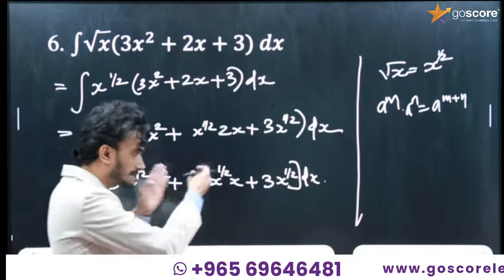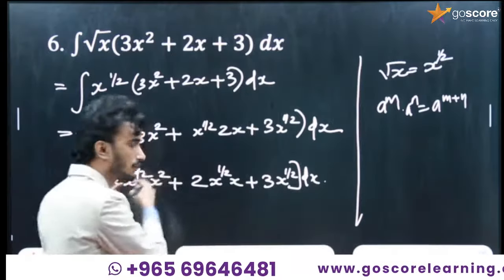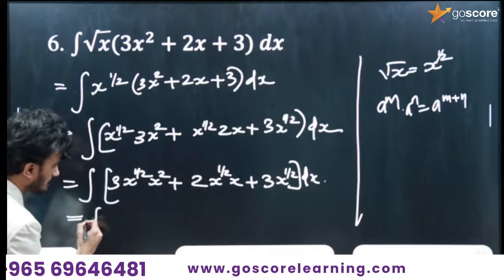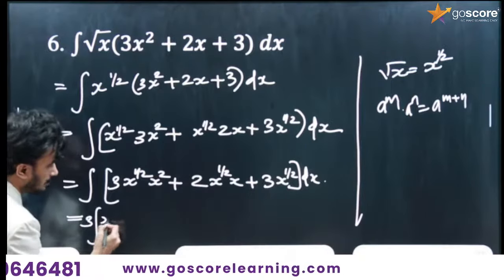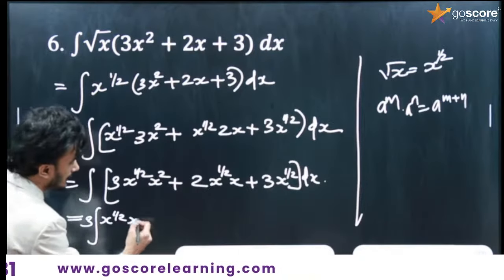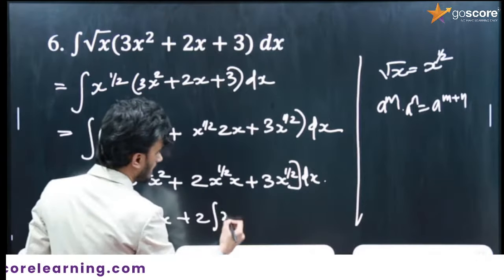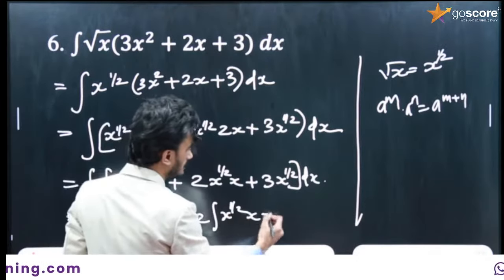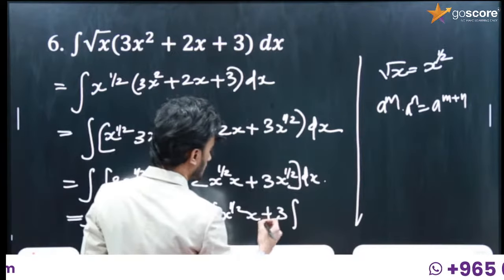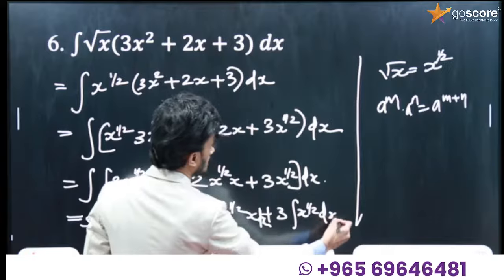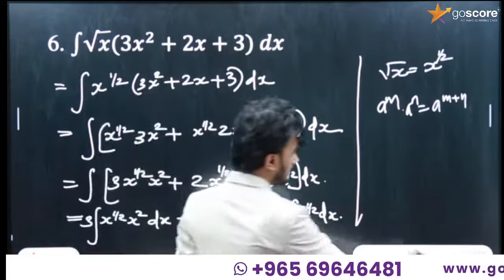This one is f of x, g of x, p of x. So it is equal to 3 into the integral of x raised to 1 by 2 into x square dx, plus 2 into the integral of x raised to 1 by 2 into x dx, plus 3 into the integral of x raised to 1 by 2 dx.